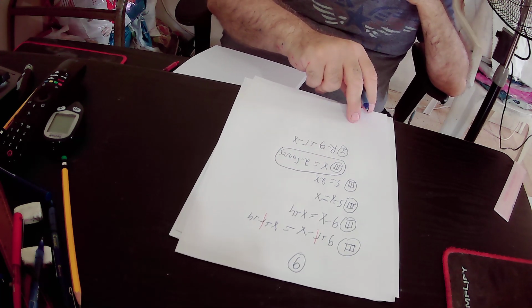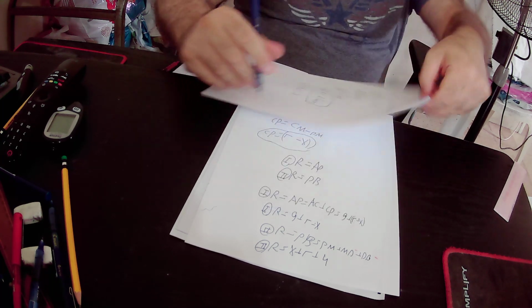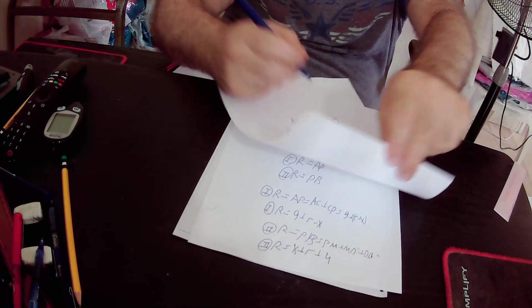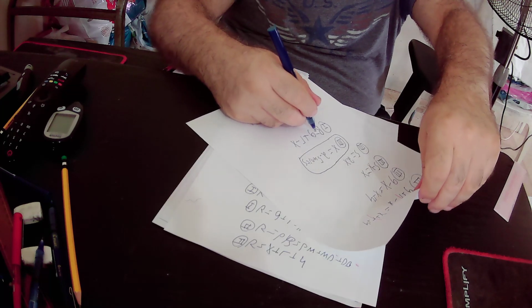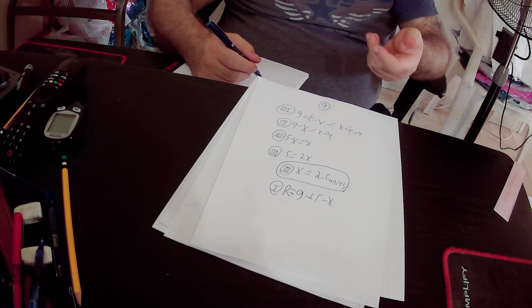That is equation number 1. Equation number 1 states that the radius of the big circle equals 9 plus small r minus x.